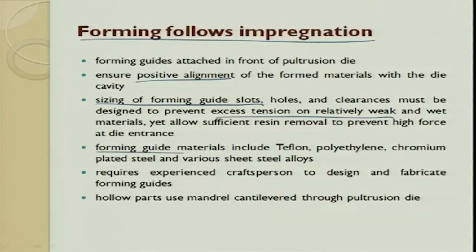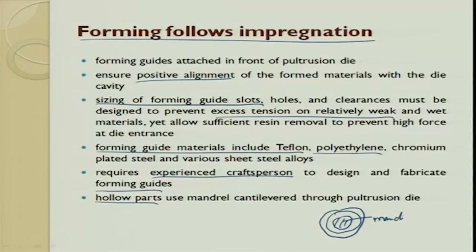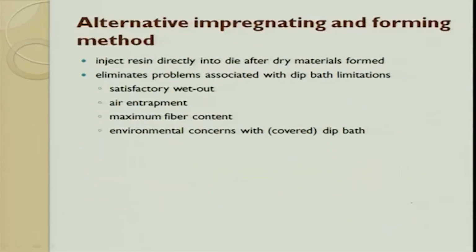Forming guide materials include Teflon and so on. They require experienced craftsmen for designing and fabricating a forming guide. Hollow parts use a mandrel in between. So, you will have a die, this will be the mandrel, and the fiber flows through this and out. This is the die, outer surface.